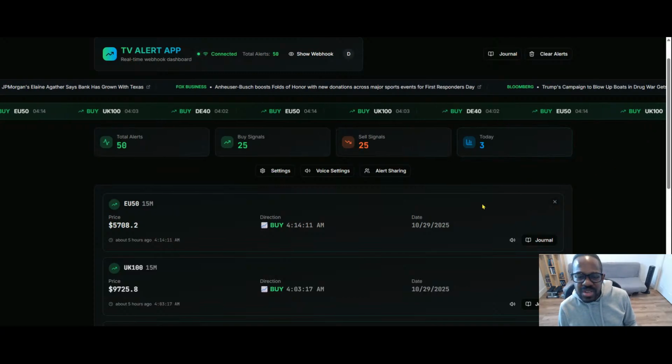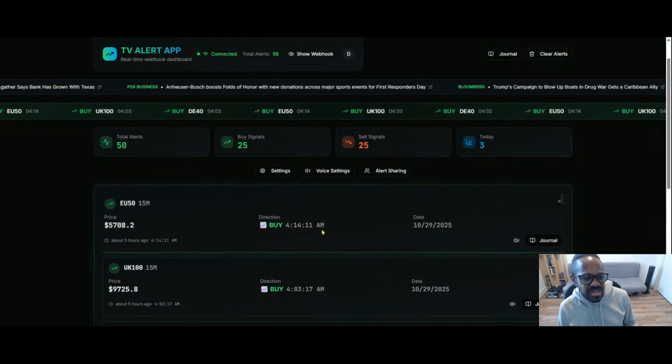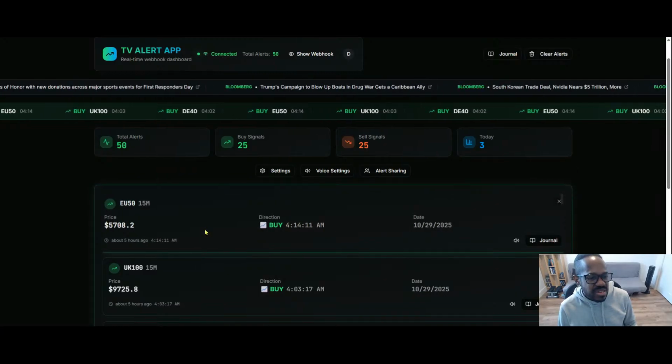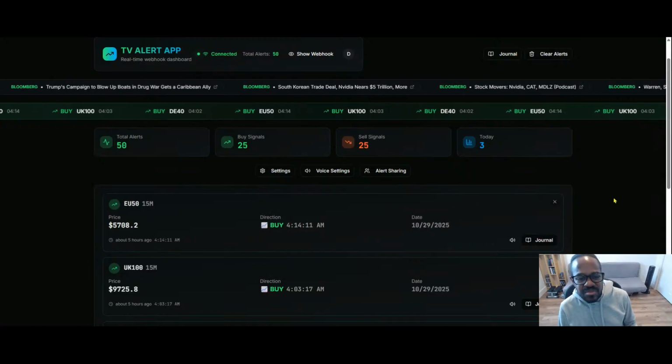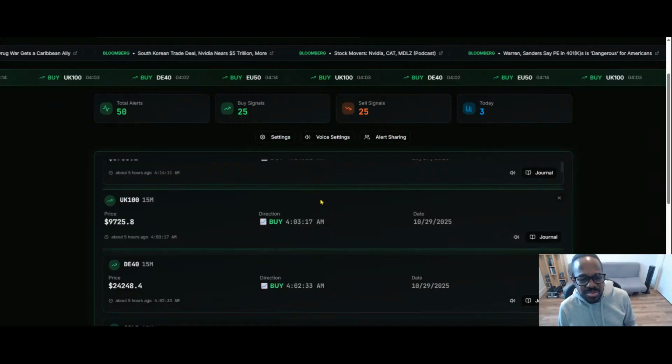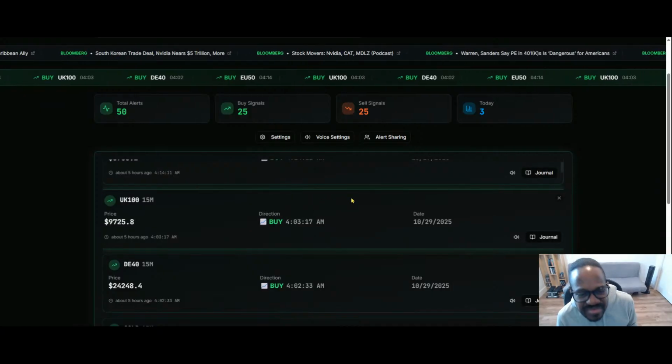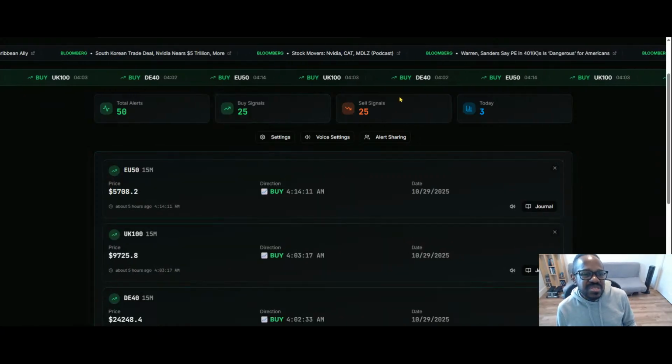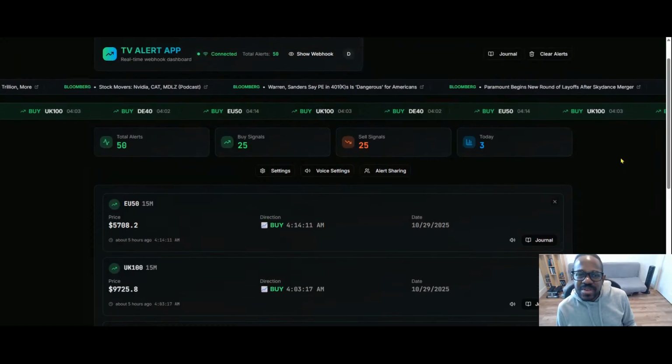Today we had 3 alerts: German 40, UK 100, and Euro 50. All of them were buys at London Open, and I'm pretty sure they went good overall.